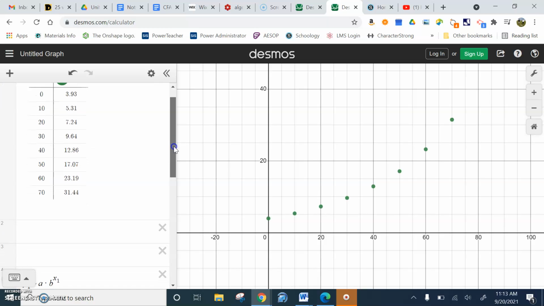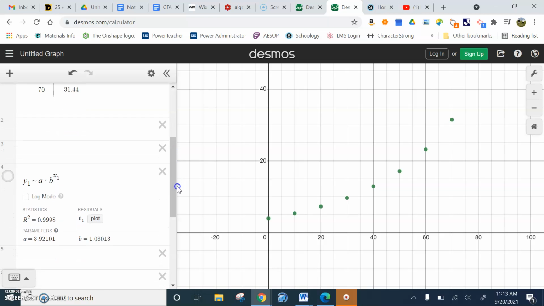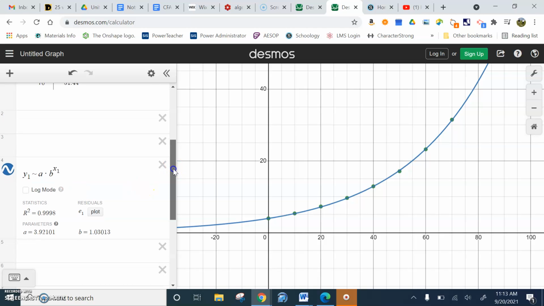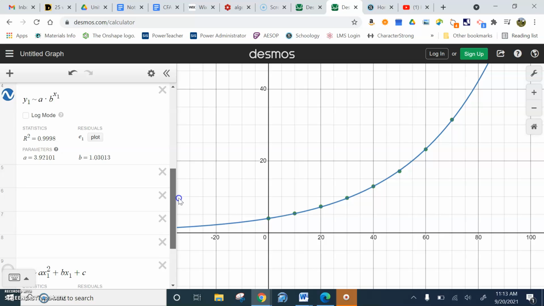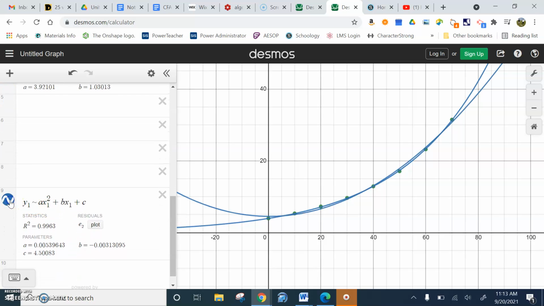The reason I'm doing this problem, not question 2, is that this one is in fact a better match to the exponential. If I turn on the graph here, there's your exponential growth of population. You can also see the R squared value is 0.9998. I did go ahead and do the quadratic fit, and there it is.